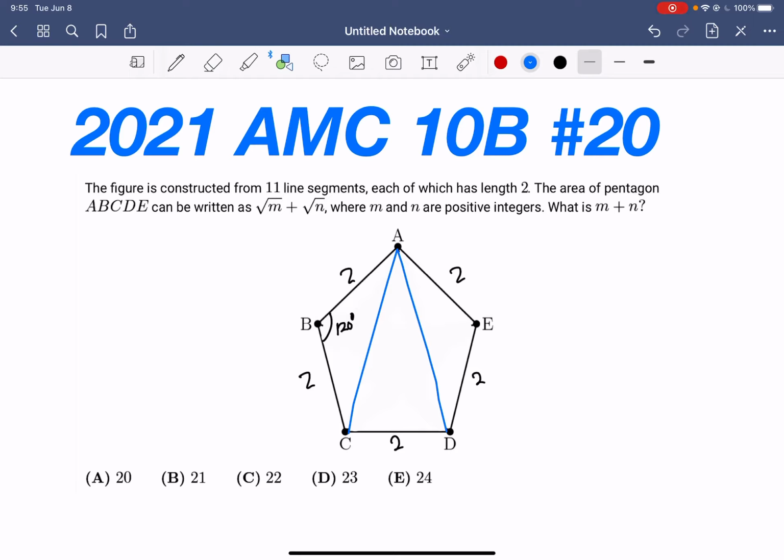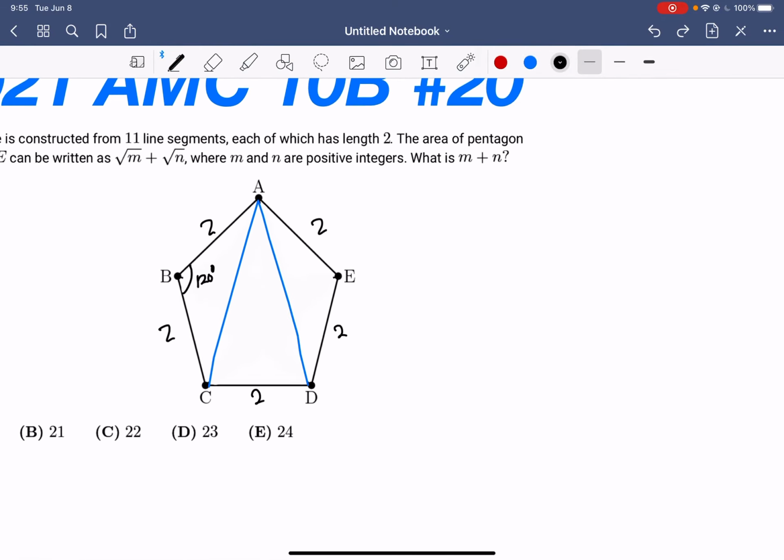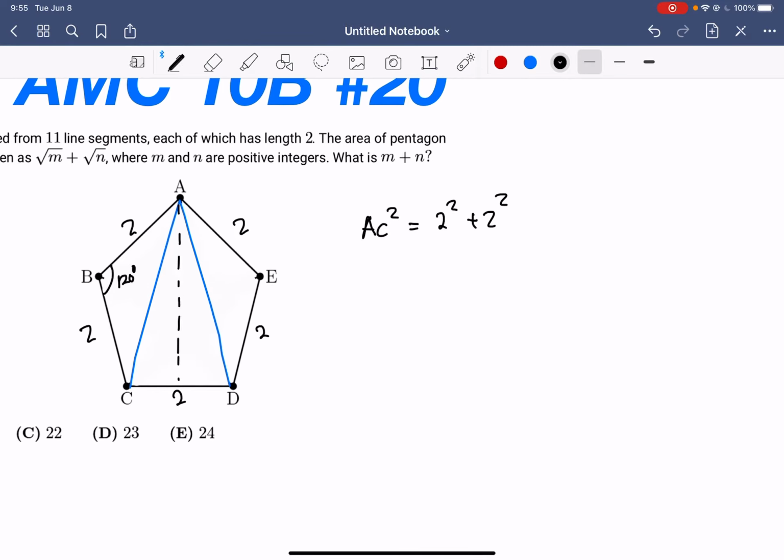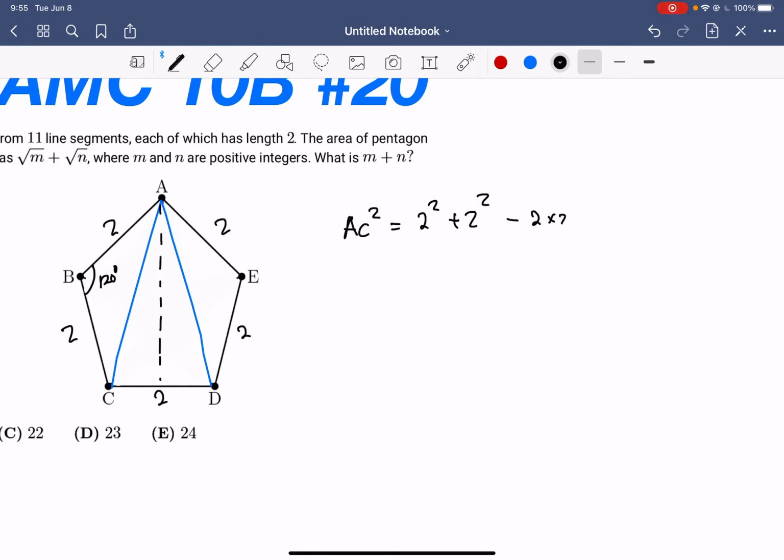And we know that this left triangle is congruent to this right triangle. Let's try to calculate the length of AC, as we will need it later in this problem. We can use the law of cosines. AC squared is equal to 2 squared plus 2 squared minus 2 times 2 times 2 cosine 120 degrees.